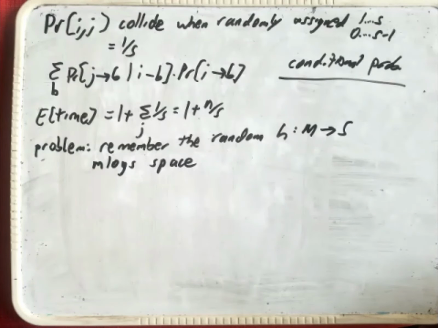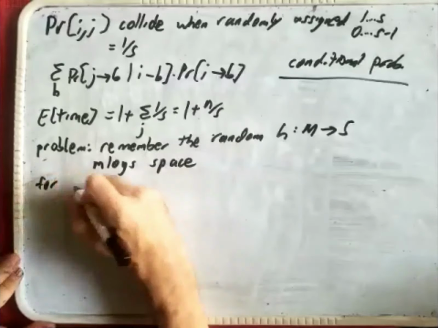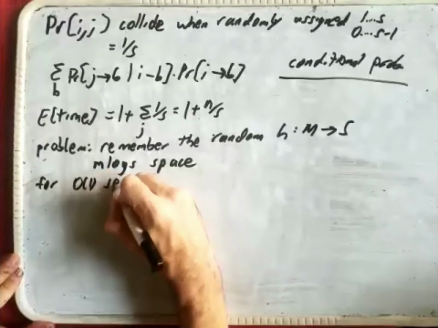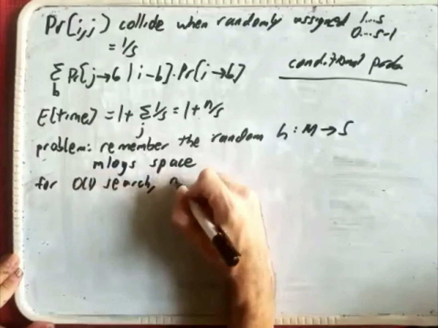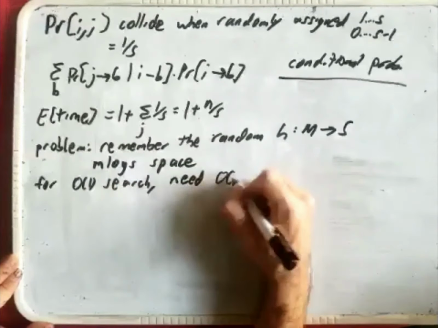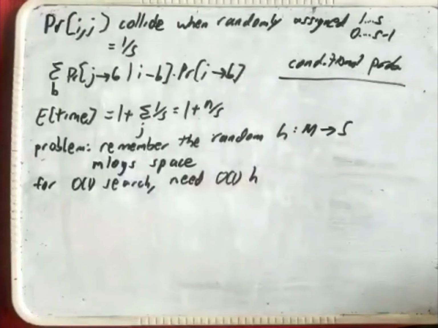Another way to say that is that there's just too many functions. And so the amount of information that you have to record in order to pick one of them is M log S. Okay. So for order 1 search time, we need a function that we can evaluate in order 1 time, right?